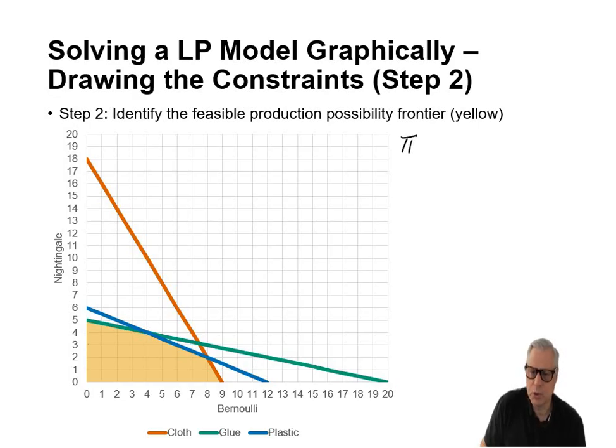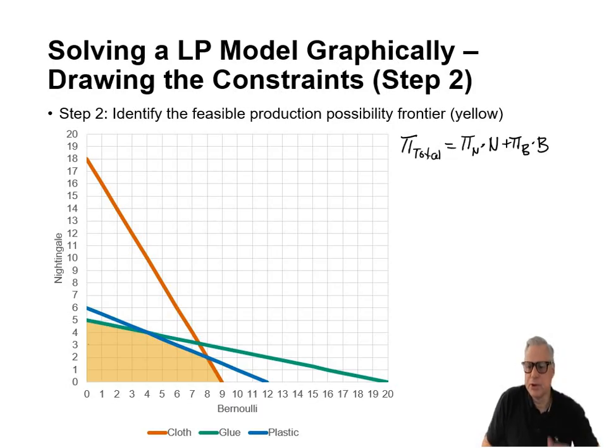So the total profit, I call that profit total, is equal to the profit of a nightingale times the number of nightingales that I sell plus the unit profit per Bernoulli times the number of Bernoullis that I sell. That will be my total profit.